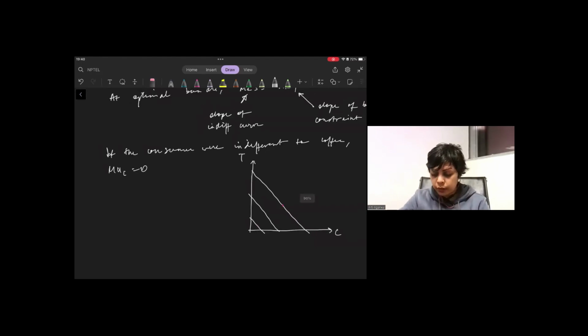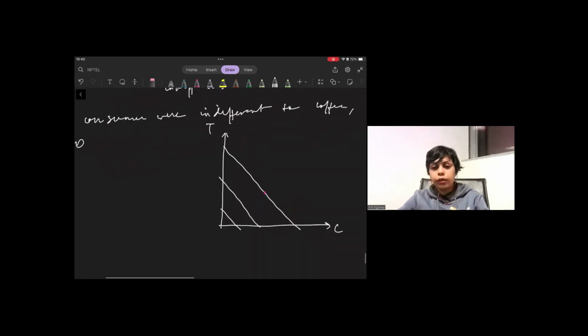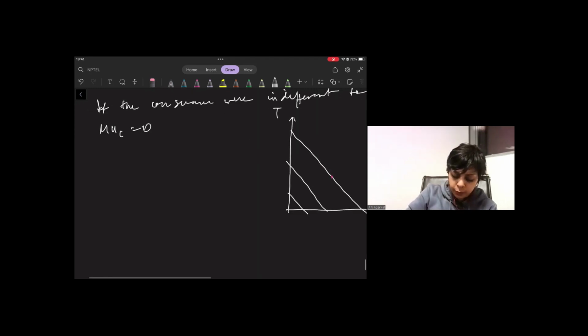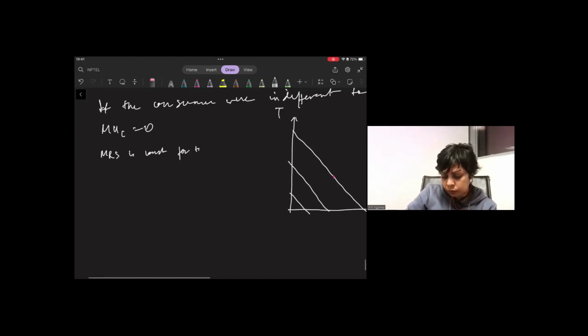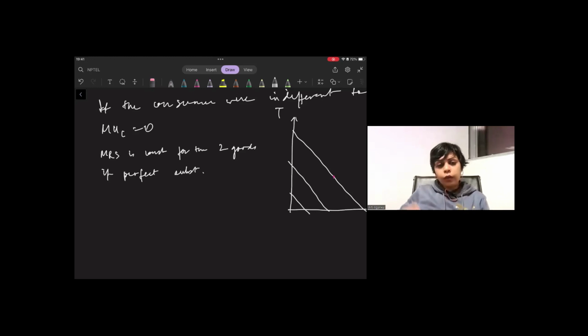Let's just look at the indifference curves. Now, in this case, all we know is that the MRS is constant. So all we know is that the MRS is constant for the two goods if they are perfect substitutes.